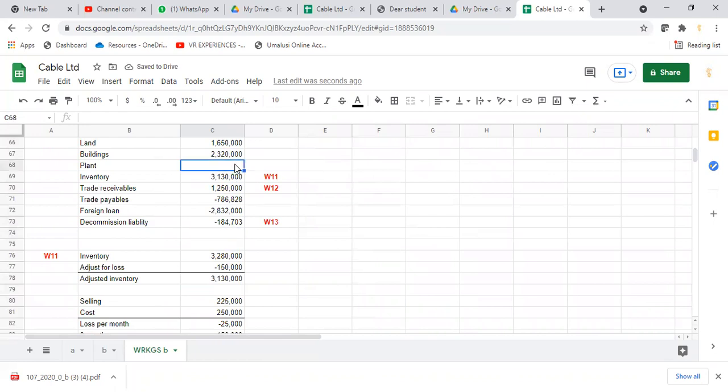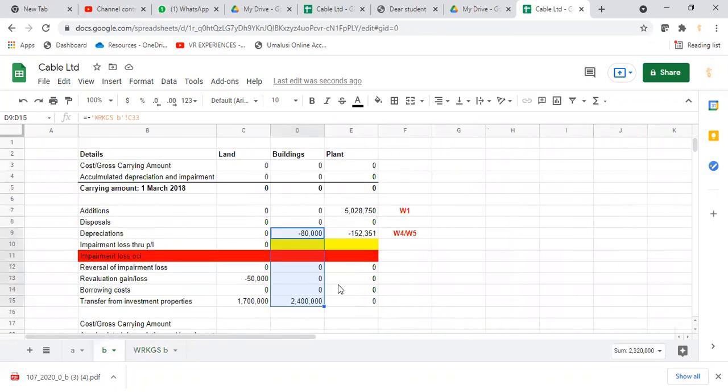For the plant, it's going to be what we currently have over here plus the 77,000 Rand. But remember, we need to include the 77,000 Rand over here. So I'm also going to say working 13. There's an addition to the plant, so I'm going to say plus working 13.